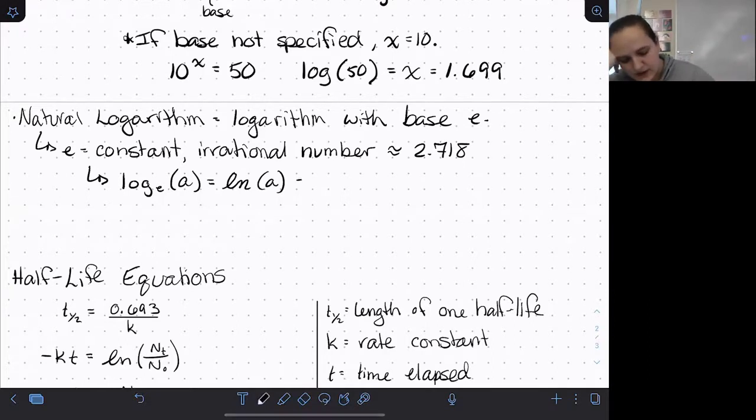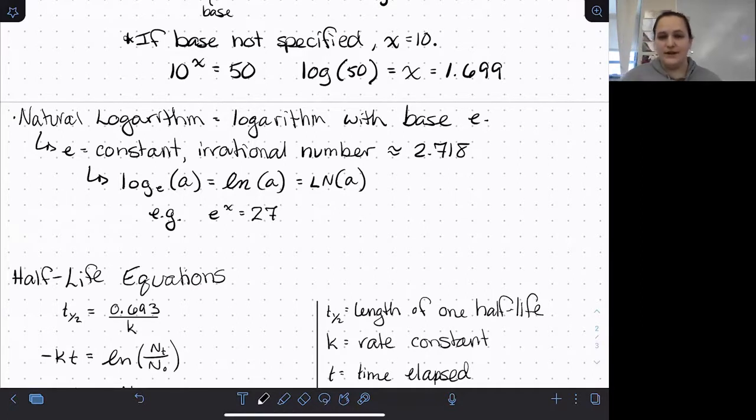Once again, in calculator notation, when you find the button for this on your calculator, because it is a separate button, it's either right next to the log button, or sometimes it's the second function on the log button. I'll say ln is the button that you're looking for, the one that you're actually going to be using most often. Otherwise it functions exactly the same as any other kind of logarithm.